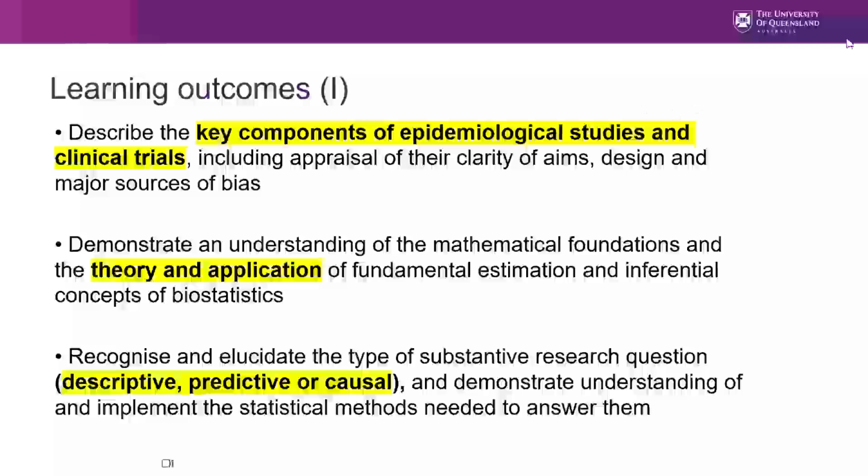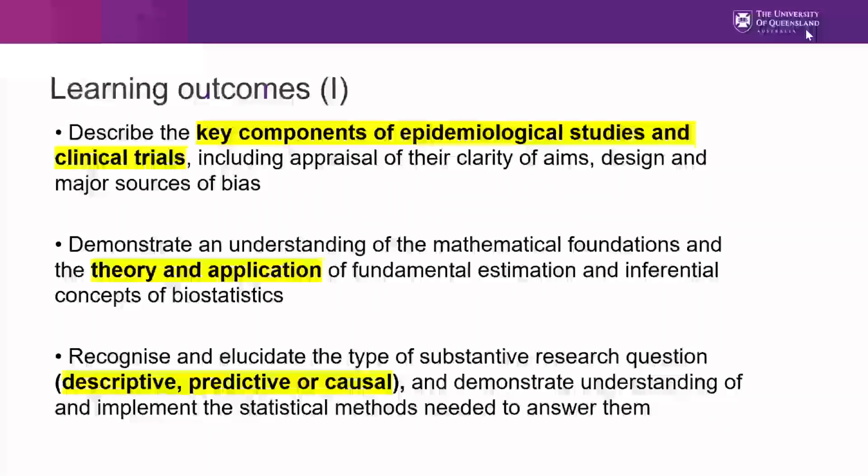So what are some of the learning outcomes from the Masters of Biostatistics? Well, there's 7 principal learning outcomes that we've defined. I'm not going to read all these out, I'm just going to focus on the main parts. In this course, we're going to learn about epidemiological studies and clinical trials, and how those are designed. Now, the course is great if you like mathematics, so the maths theory underpins the course.